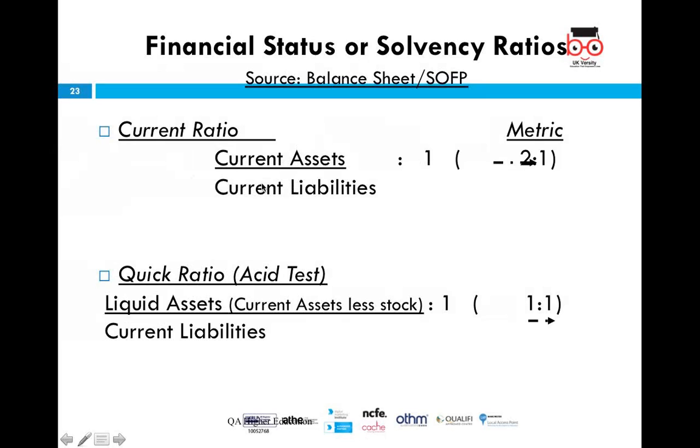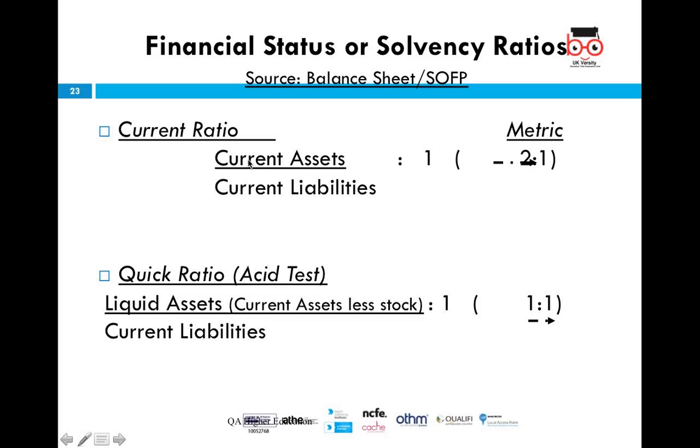So we have the current ratio and the quick ratio. The source of the current ratio is the statement of financial position. We can get the current assets and current liabilities, and when we divide one by the other, we compare the result to the standard of 2:1.